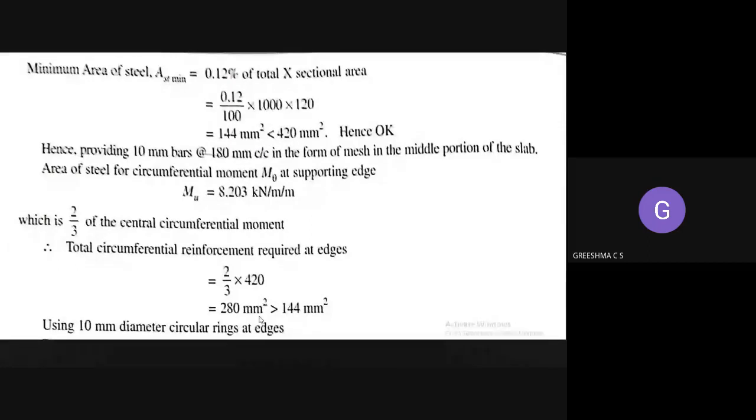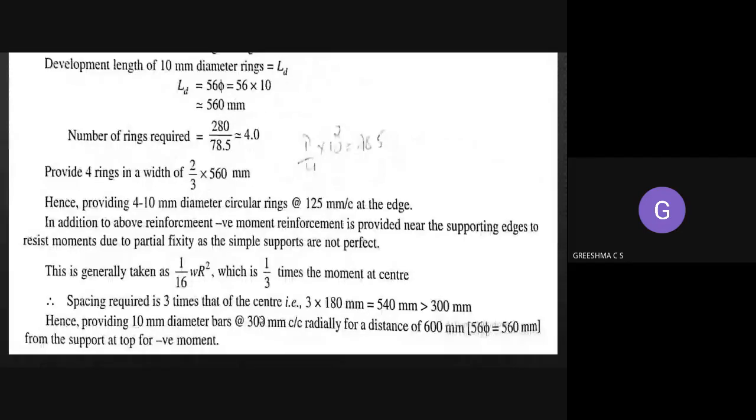So we are using a 10 mm diameter bar, and this 10 mm diameter bar has to be provided as radial reinforcement. If you look at this figure, this is the radial reinforcement.